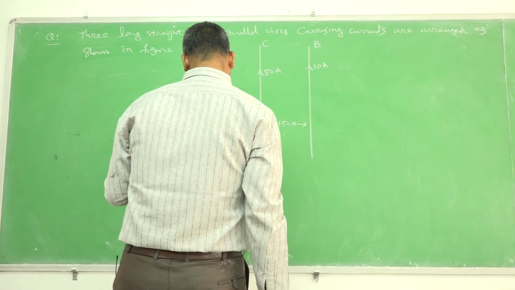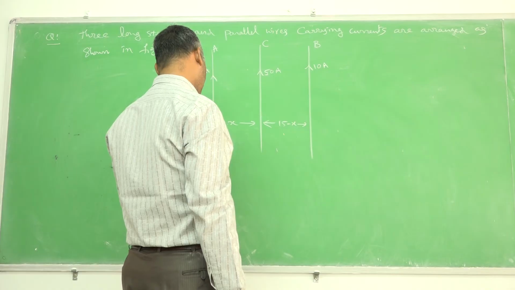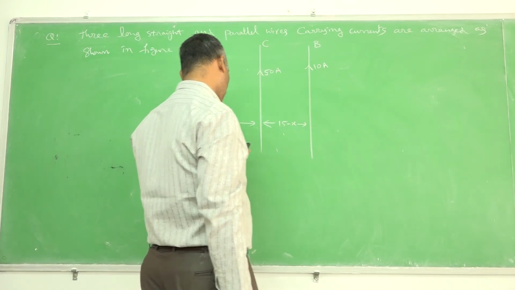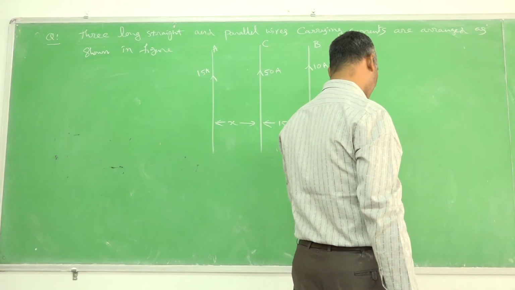The wire C, which carries a current of 50 amperes, is so placed that it experiences no force. The distance of C from A is?